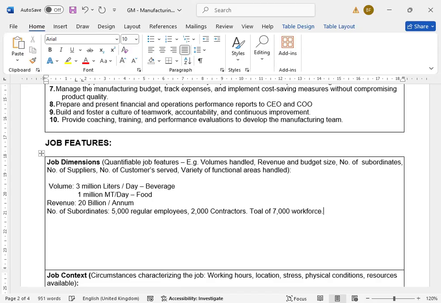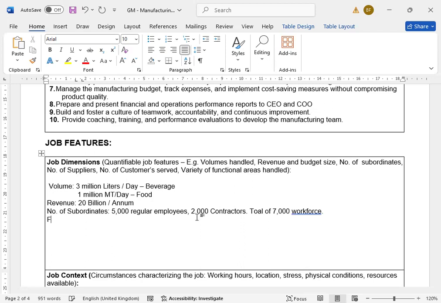Especially this happens when they hire more contractors during the peak period, like December, during Christmas or some season, the volume will increase. Therefore they need more manpower, more people working in the production and in the warehouse. So this would be the total workforce.